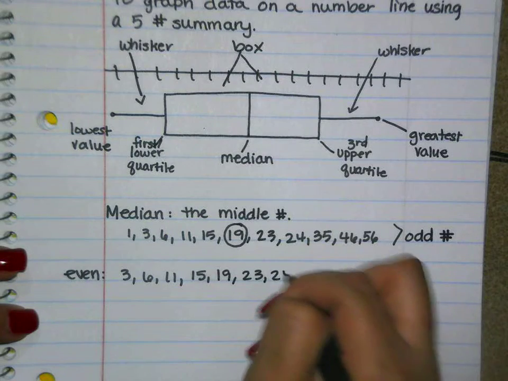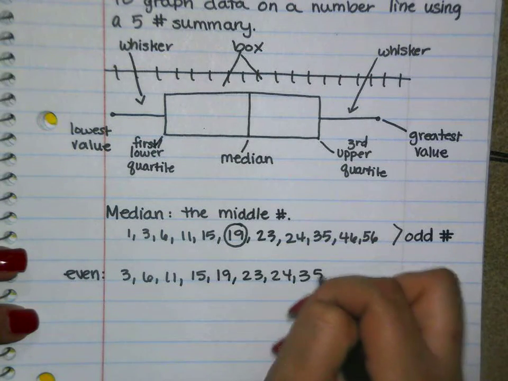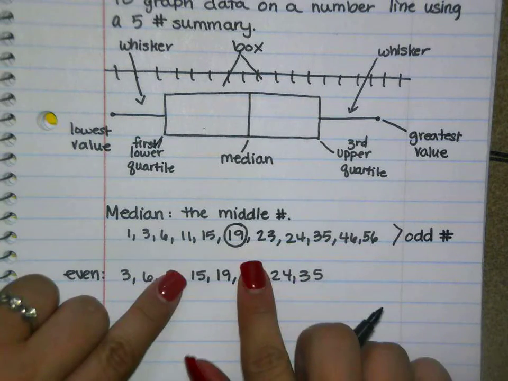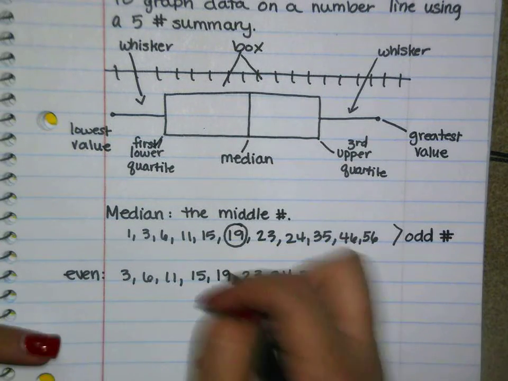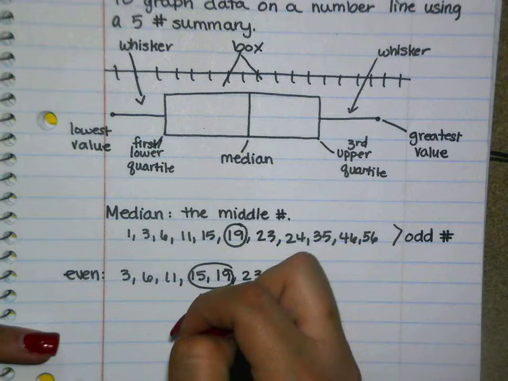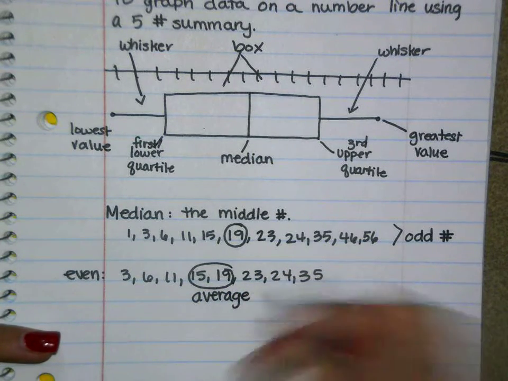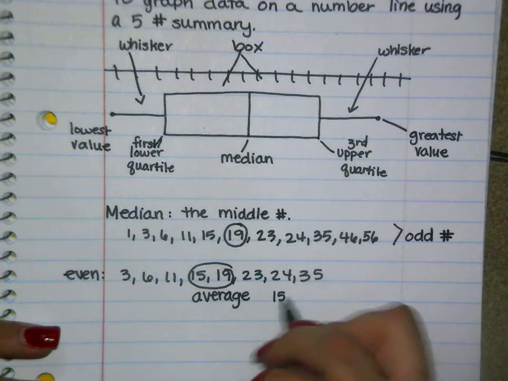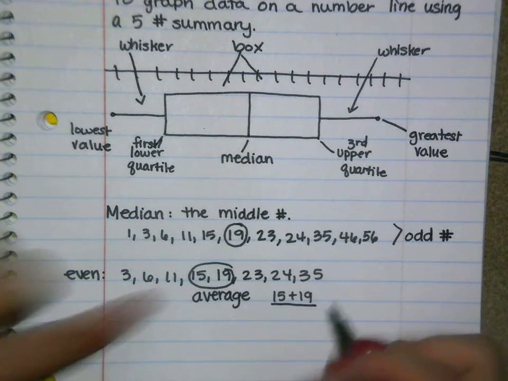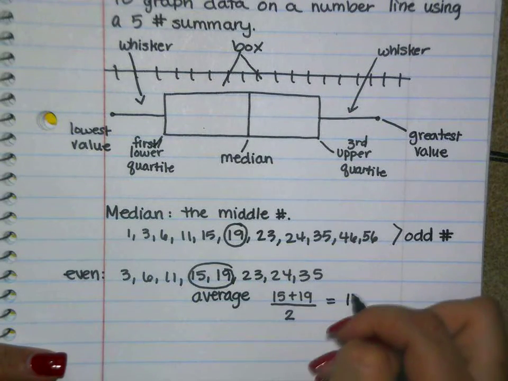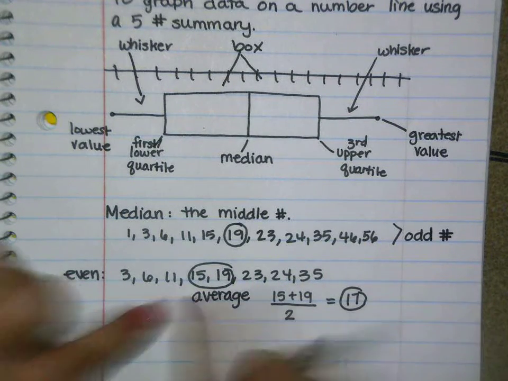Oh no, we have 2 middle numbers. So we would take these 2 and average them, using the mean. That would be 15 plus 19 divided by the 2 numbers that we have, giving us 17. So the median of this even set of data is 17. Okay, that's pretty easy. That's how we would come up with the median for that data.